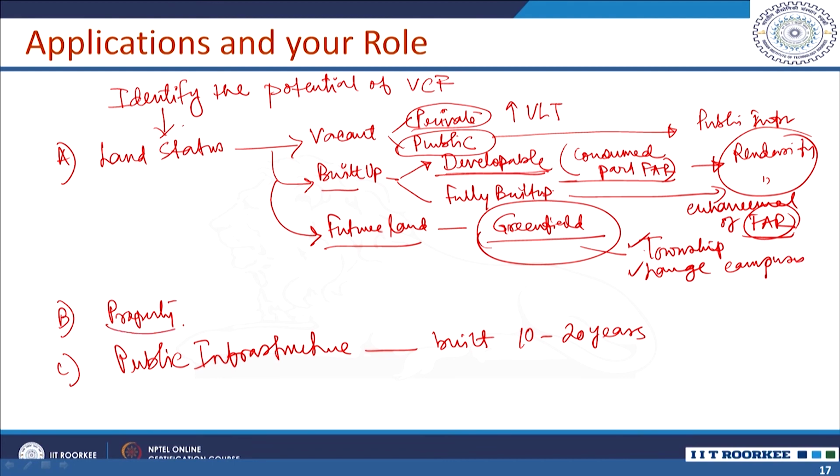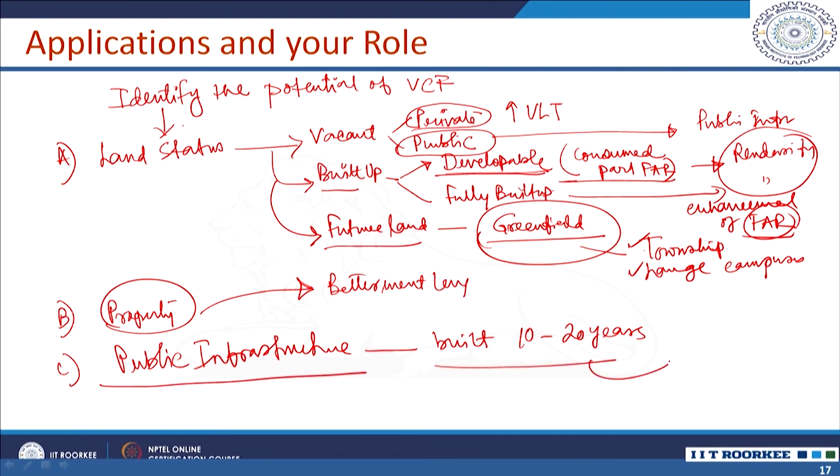And from the property you can definitely try the betterment levy. If you do any public infrastructure, definitely you can charge betterment levy, and tax increment financing as well for the renewal project.